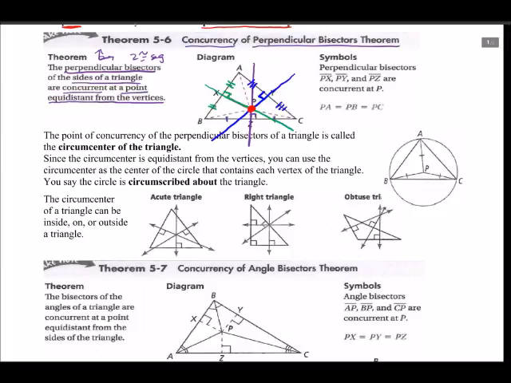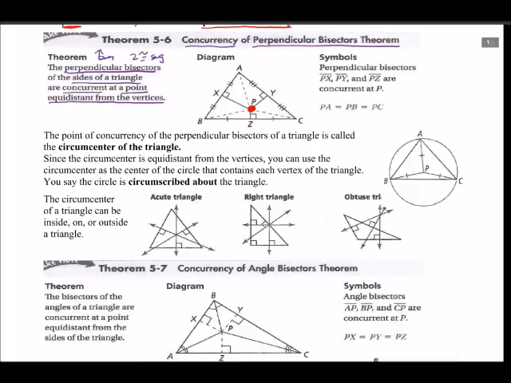So they intersect at a point, and here's where I'm going to erase, because we're not interested in the perpendicular bisectors anymore. That's simply a requirement. We need these perpendicular bisectors to find this point. So I am going to get rid of all my perpendicular bisectors here, because I'm interested in this point. But you can see where the perpendicular bisectors are concurrent at this point.